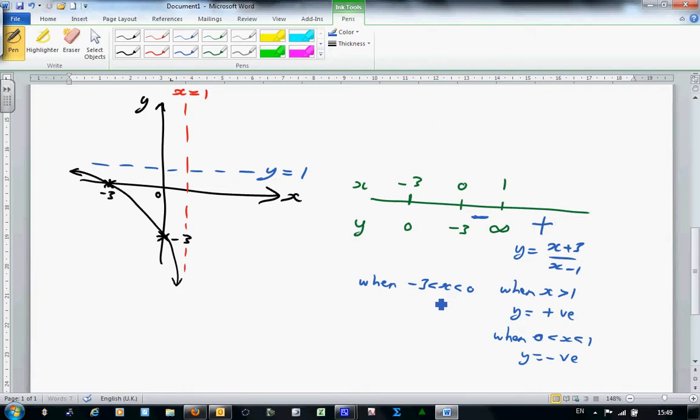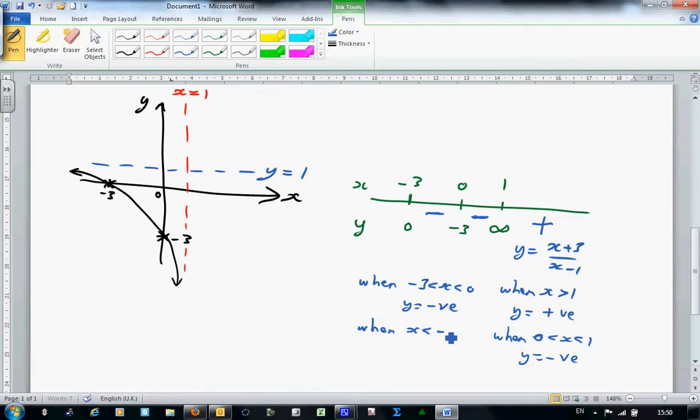Positive divided by negative is negative. So between those, it's negative. And looking at the fourth part, when x is less than -3, let's say -4 for example, we have -4 add 3 is -1, -4 take away 1 is -5. So we've got -1 over -5, which is positive.